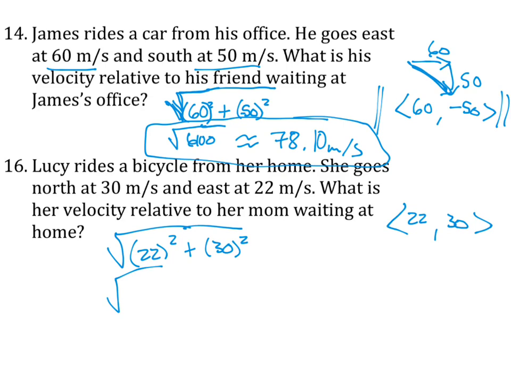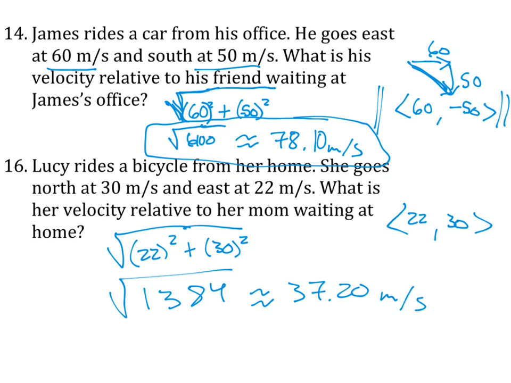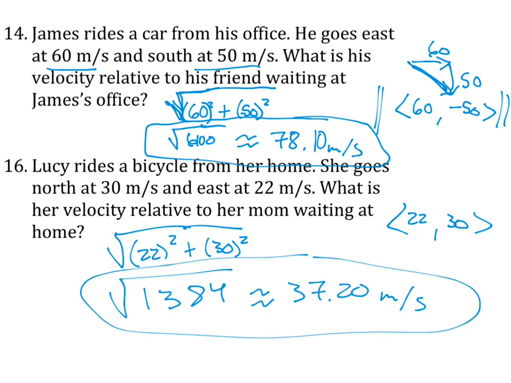Looking at square root, it has to be square root 1,384, which comes out to be about 37.20, and that's in meters per second. And voila, we got our final speed there, a little bit over 37 meters a second.